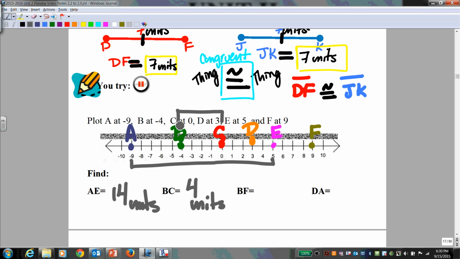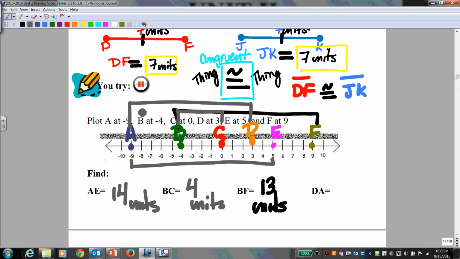B to F, that's -4 to +9. That's basically 4 plus 9. And D to A, it's going to be 3 to -9. That's 12 units.